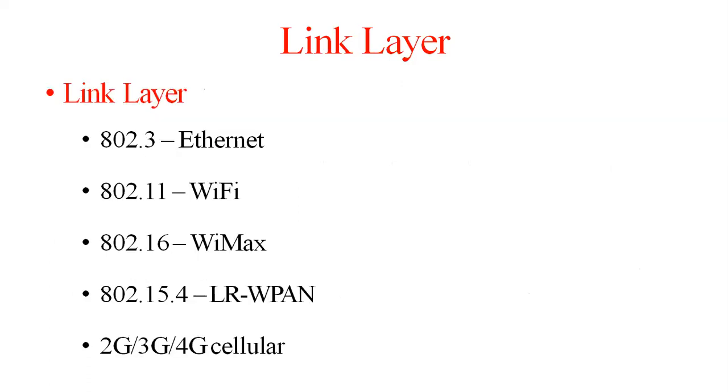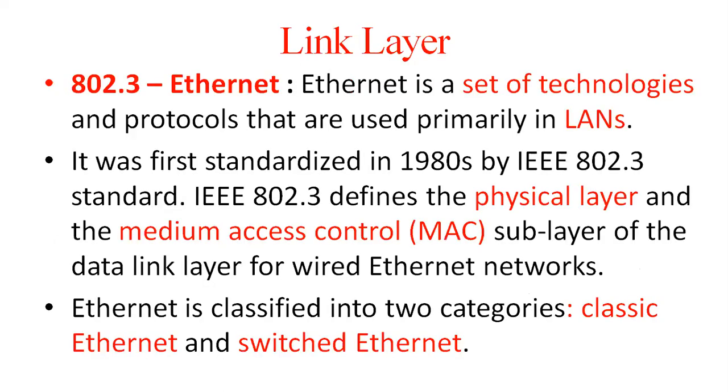The protocols for the link layer are Ethernet, Wi-Fi, WiMAX, and WPAN. Coming to Ethernet, 802.3 Ethernet. What is 802.3 Ethernet? Ethernet is a set of technologies and protocols used by the primary LAN, the local area network. That means within an organization, within Srividya Niketan, you have some local area network.